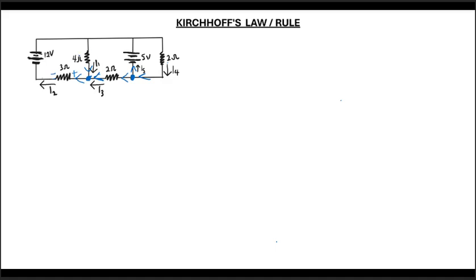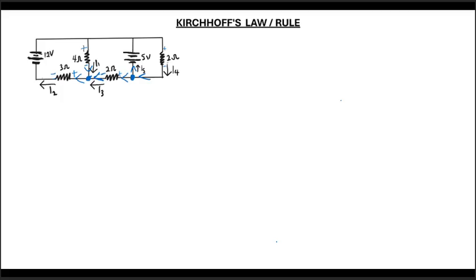For the 4 ohm resistor, I1 enters from the top and comes out from the bottom, which means the top is positive and the bottom is negative. For the 2 ohm resistor, I3 enters from the right and comes out from the left. And for the last 2 ohm resistor, I4 enters from the top and comes out from the bottom. That is how we polarize our resistors.